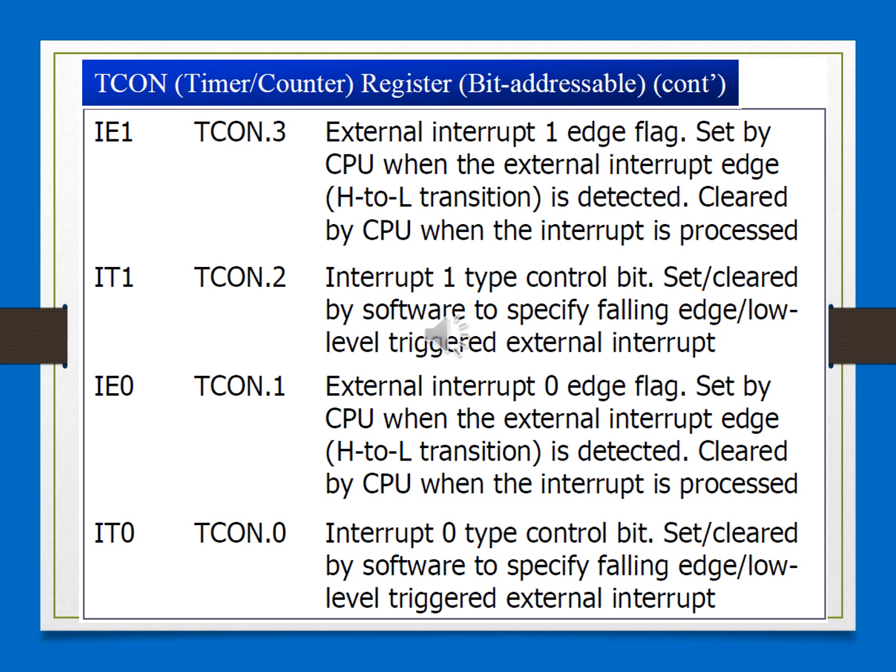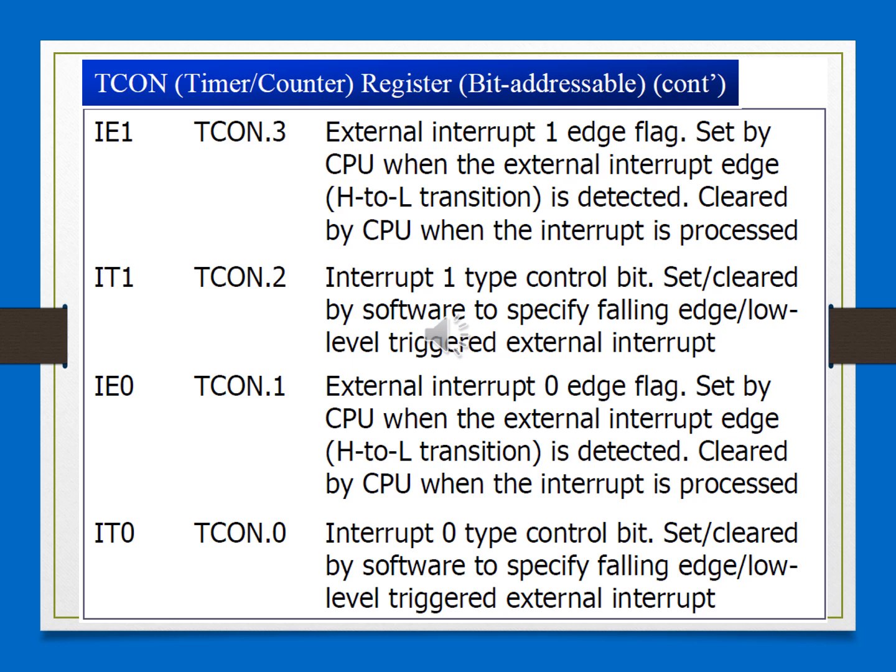To select the interrupt type, whether it is edge triggered or level triggered, you use IT0 and IT1. The IE1 and IE0 bits come into the picture only when you have programmed IT0 and IT1 as 1. Otherwise there is no role for IE0 and IE1. I hope you are understanding.